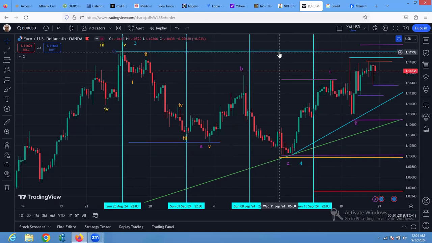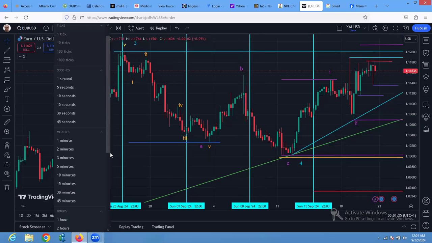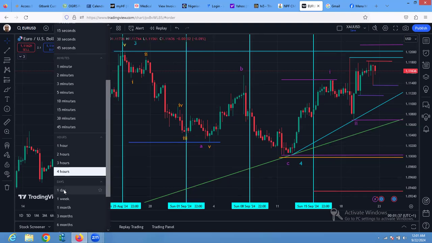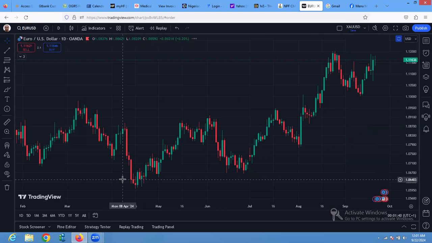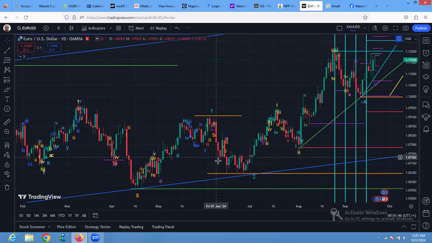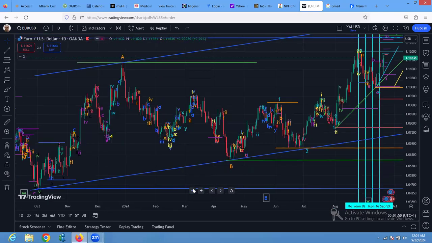And what is important now at this level is not taking the top at this level, because price is destined to go to this area now.